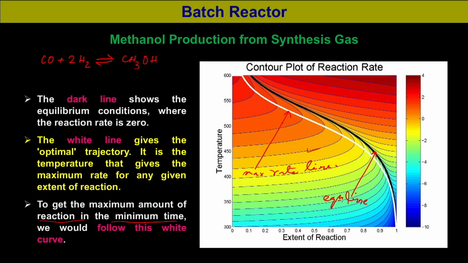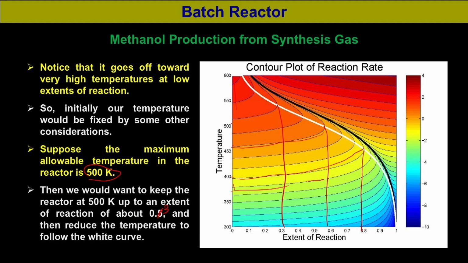So, if we wanted to have the maximum amount of reaction happen in a minimum time, we need to follow this white line. We could notice that it goes off towards very high temperature at low extent of reactions. If we consider a low extent of reactions, very less here, the maximum rate goes off at very high temperature.